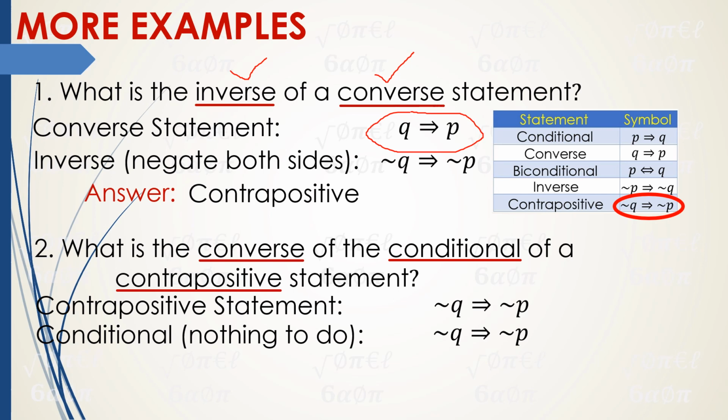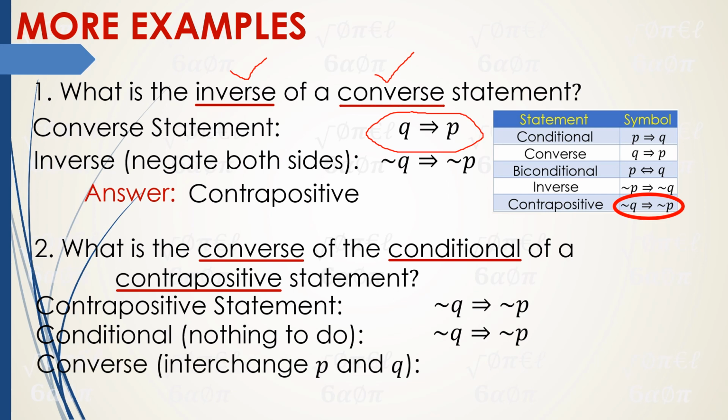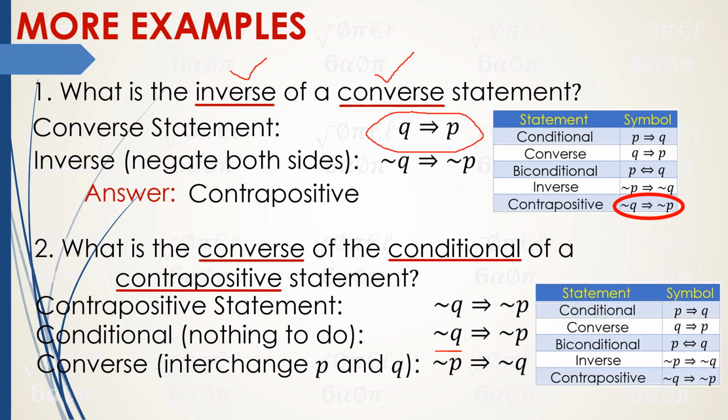And, for the converse, ang ginagawa sa converse ay ini-interchange yung P tsaka Q. So, yung hypothesis at conclusion. So, in this form, ang hypothesis natin ay itong not Q. So, magbabaligtad lang sila. So, therefore, we have if not P, then not Q. So, therefore, that's the last one.